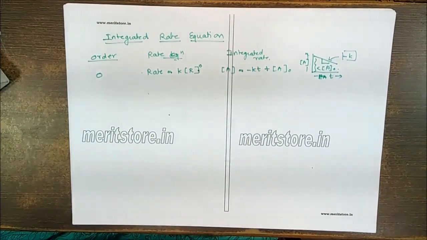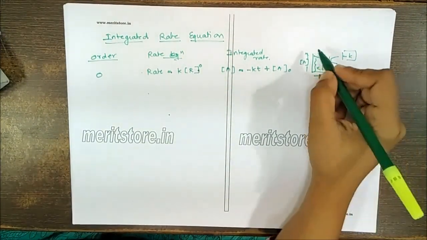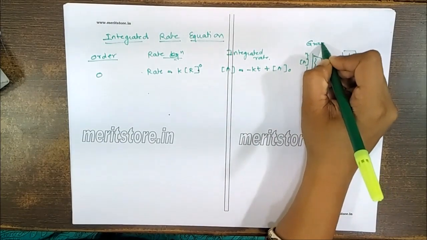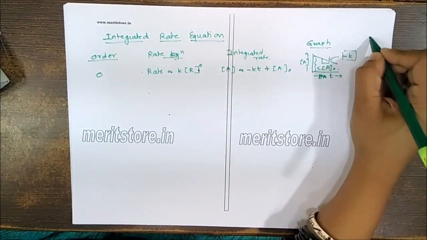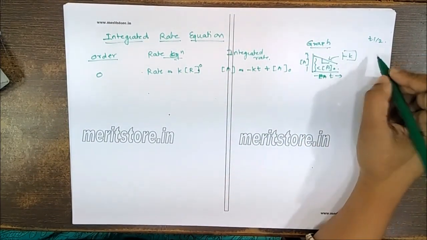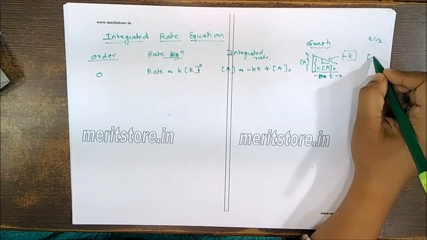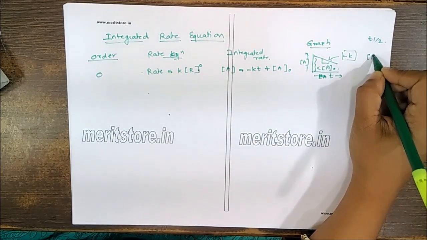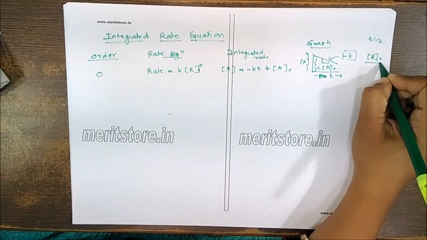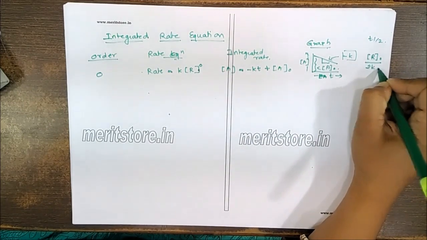So this is related to the zero order reaction, and in the case of the zero order reaction, one more term we should remember, that is T half. The T half for the integrated rate law is the concentration of the reactant divided by 2K.